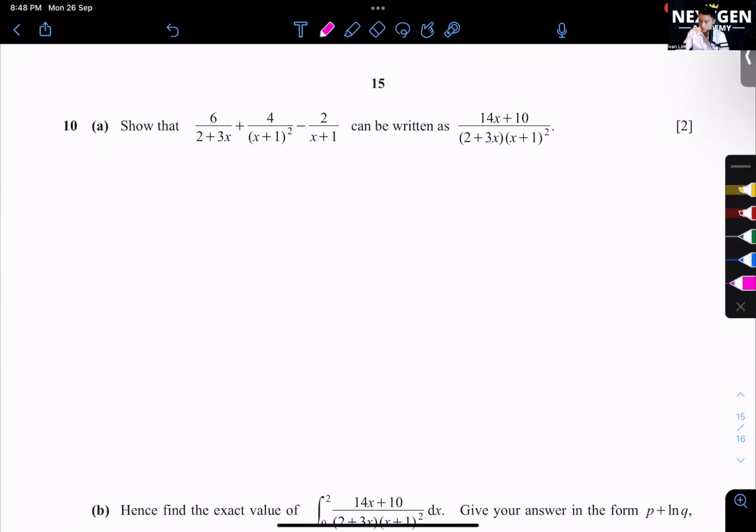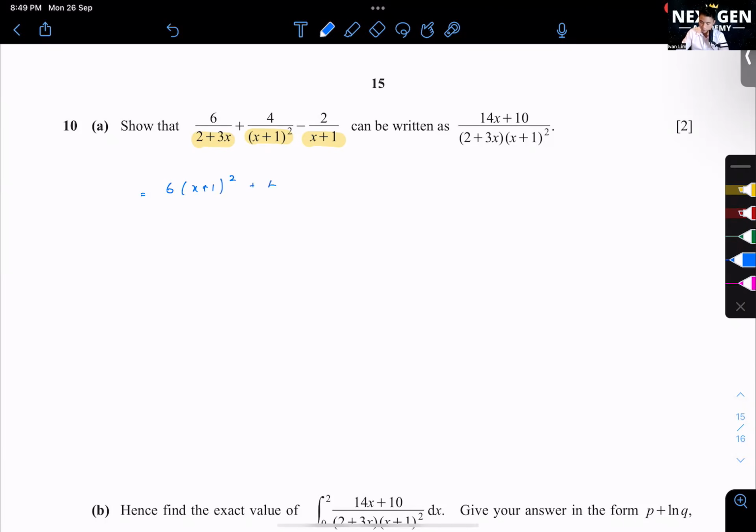Okay, so the goal is to make the denominator the same first. So whatever that's lacking. So this one I need to times 2 plus. Okay, I don't want to write so much here. So y'all understand, right? This is actually going back to your basic fractions. So my first term, I need 6x plus 1 squared.